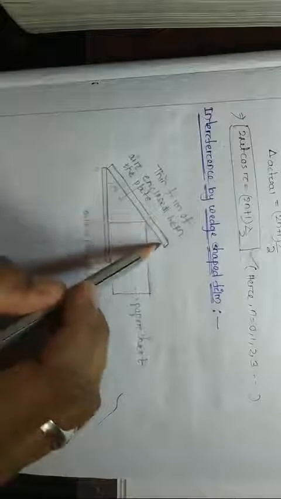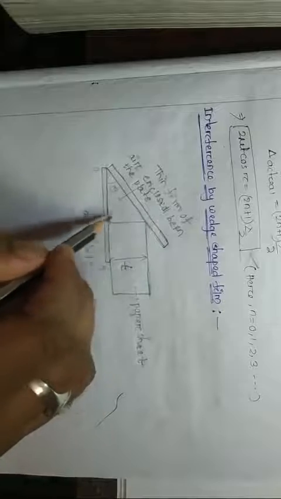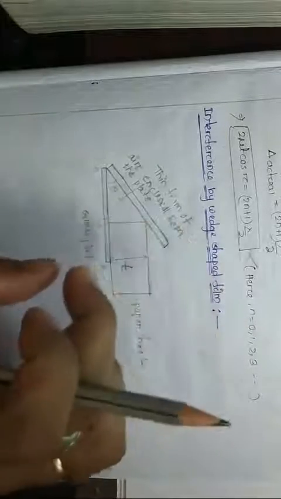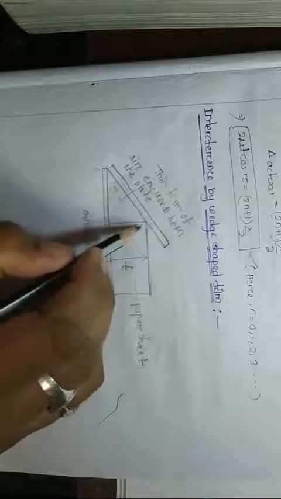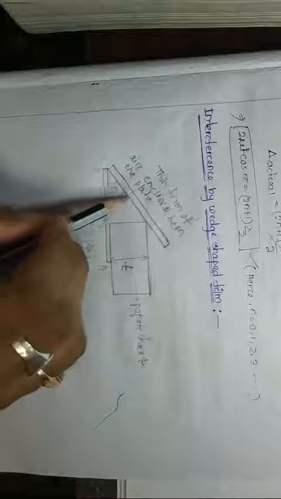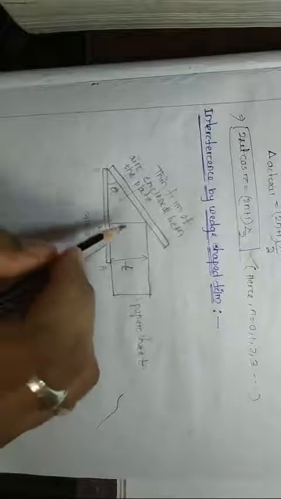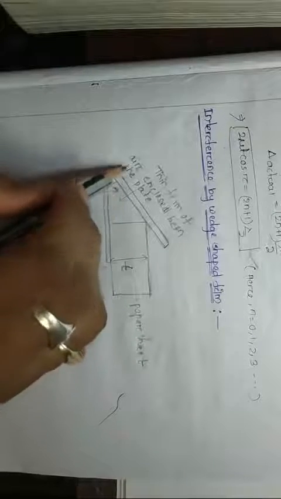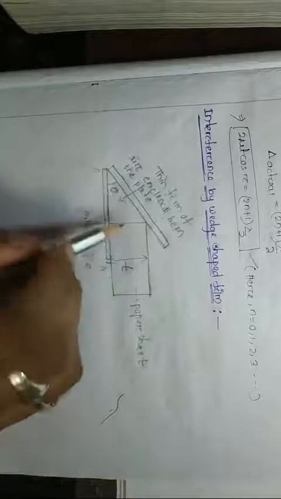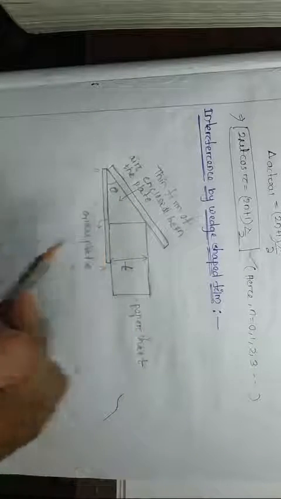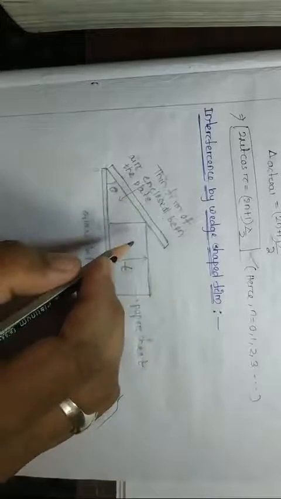Here is one plate and this is another plate. These two plates are placed with a thin paper sheet introduced in between, due to which the two plates are inclined with an angle theta. Let air be the medium present between the plates. In between these two plates we can also introduce some other medium of refractive index mu.